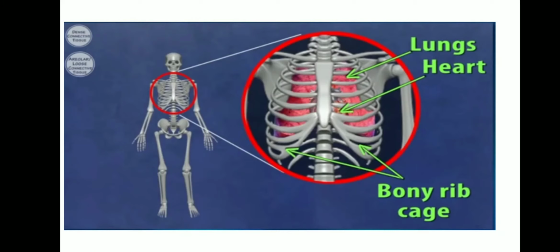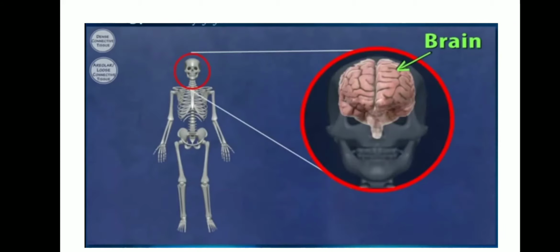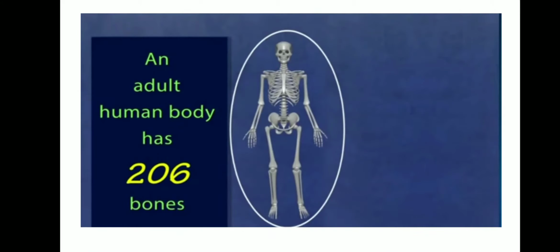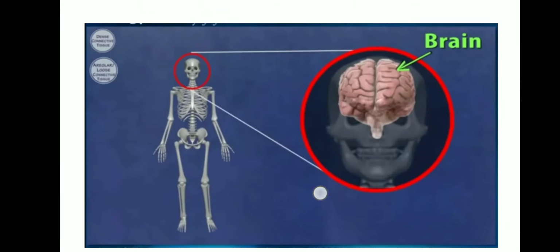For example, rib cage is there giving protection to the lungs. And cranium is giving protection to the brain. Skull giving protection to the brain. In such a way, this bone is helping in the formation of structure to the body as well as protection to the internal organs. How many bones are present in our body? Yes, 206 bones are there in our body. So that's about the bone.